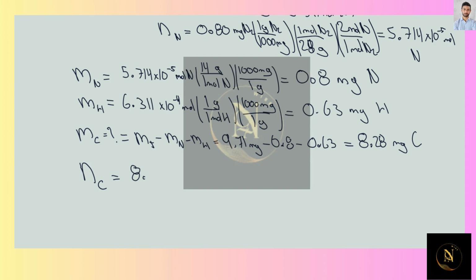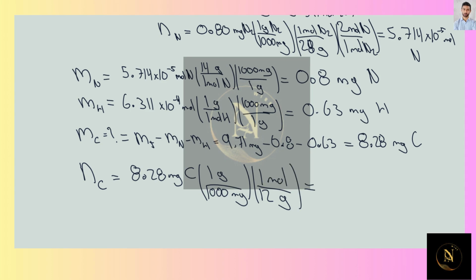Now, with this quantity of carbon, we can calculate the amount of mole of carbon, which is going to be 8.28 milligrams coming from carbon, the conversion factor from milligrams to grams. Next up, we know that carbon is going to have an atomic mass of 12 grams per mole, and this is going to give us our result. So this over 1000 over 12, 6.9 times 10 to the minus 4 mole corresponding to carbon.